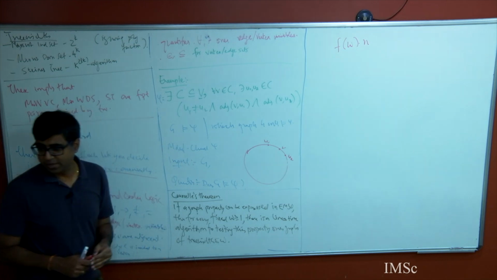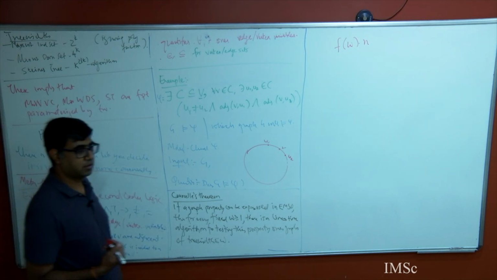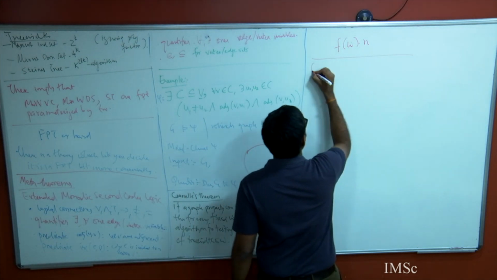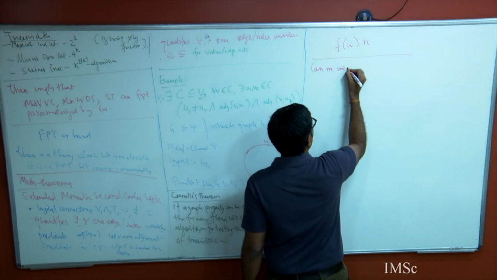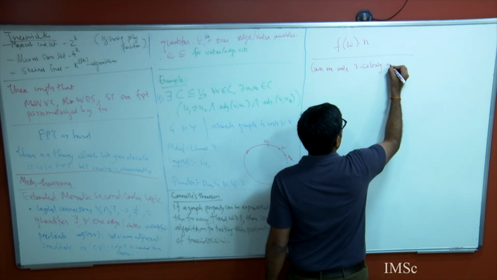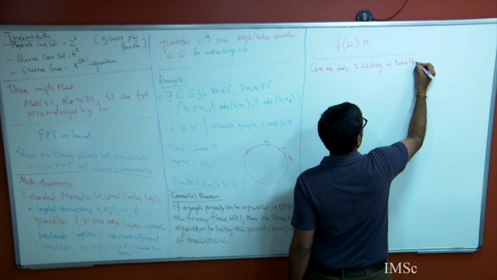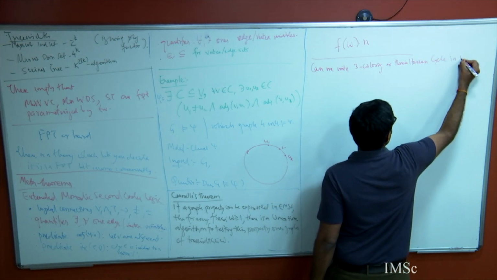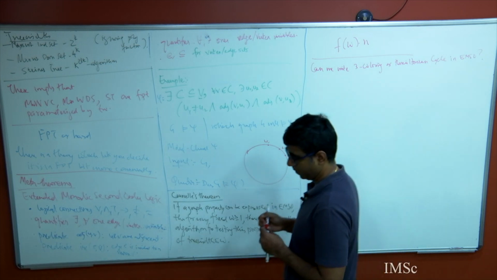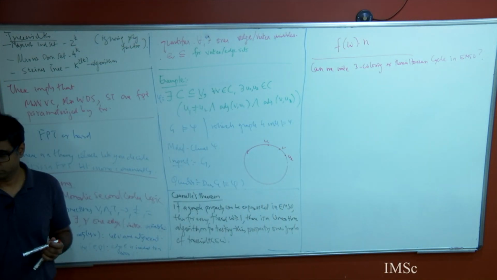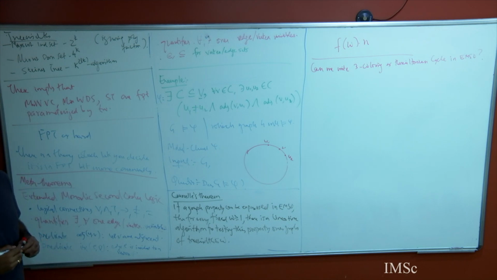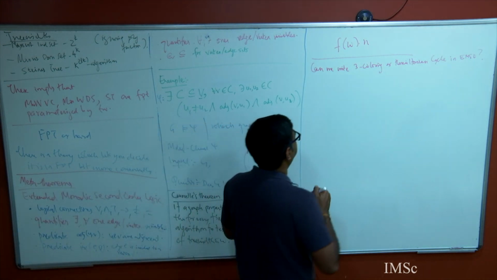Can we write 3-coloring or Hamiltonian cycle in extended monadic second order logic? How will I write 3-coloring?